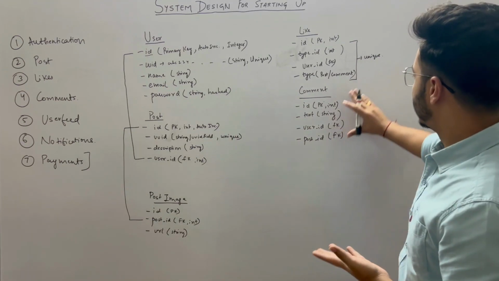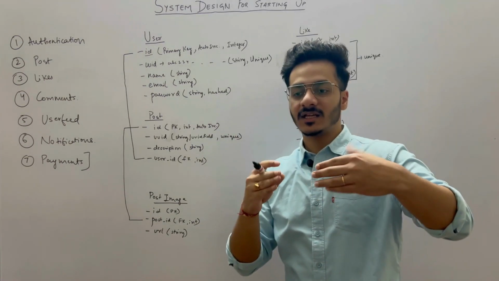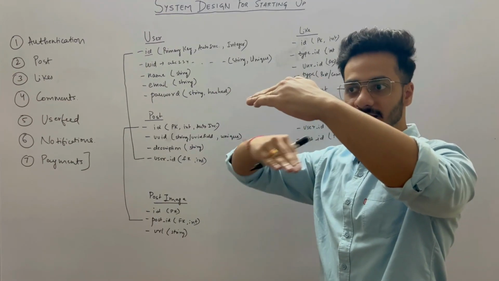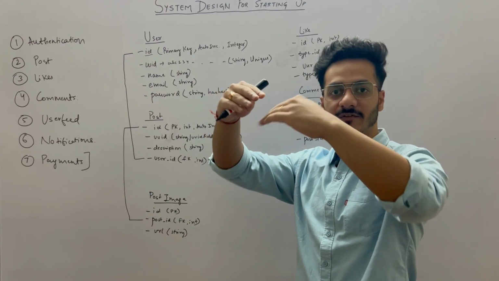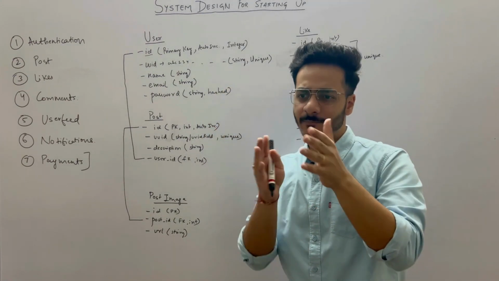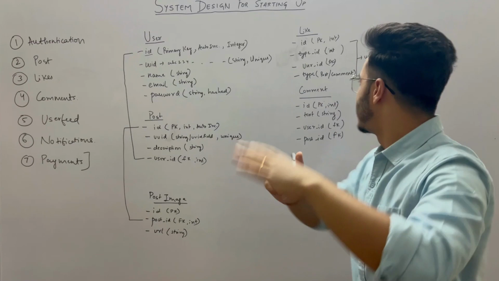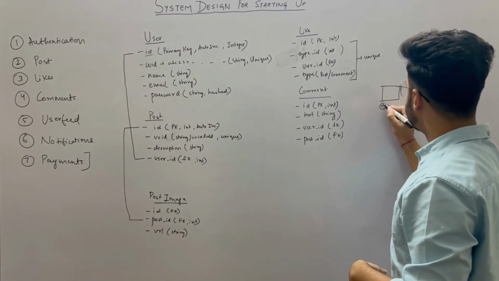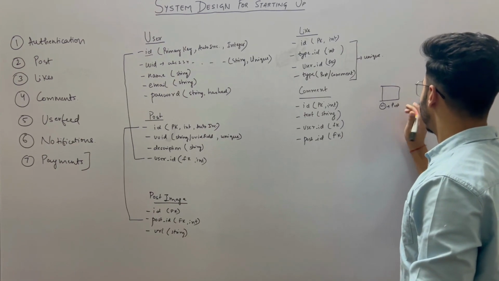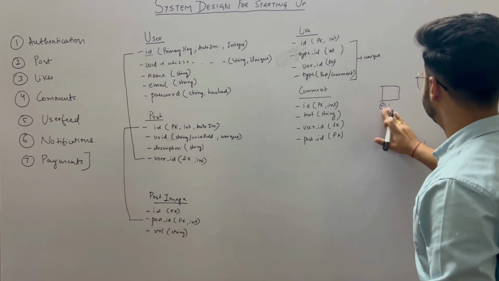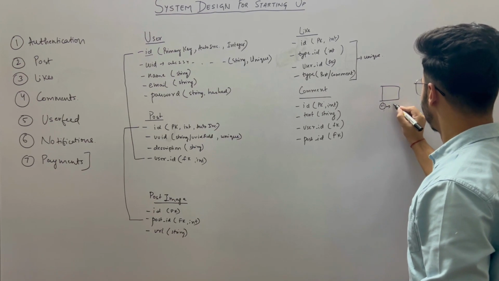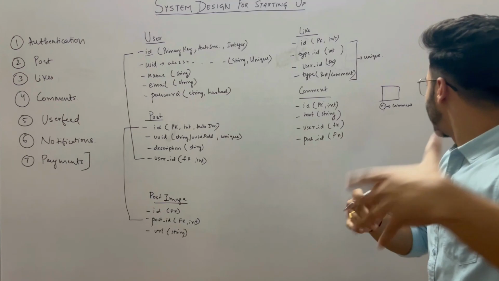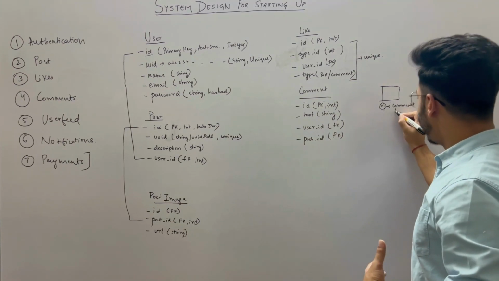Now if I talk about comment, of course this is possible that user can comment and then other users can comment on that comment again, right? So basically it involves a kind of nesting structure, but here we are supporting only one level nesting. Suppose let's say this is a post, then user 1 comes and comments something here, comment, and other users can also come and comment on this comment again.